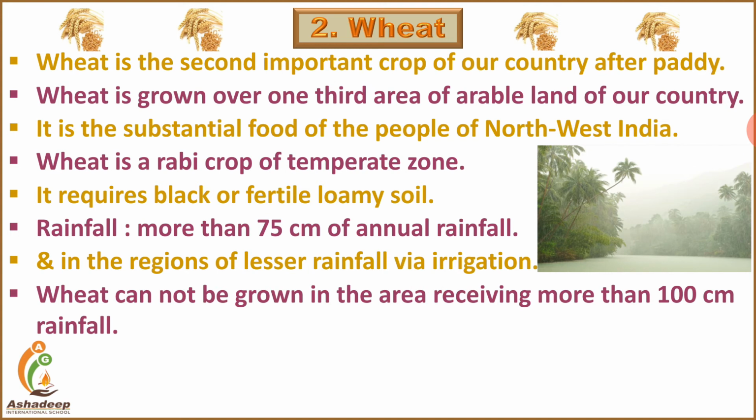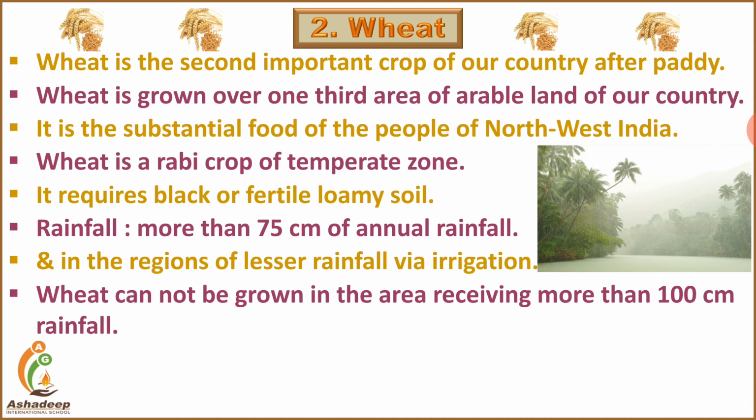But it should be noted that if a region is receiving more than 100 centimeters of rainfall, then in such a region it is not possible to grow wheat. Why? Because if there is more than 100 centimeters of rainfall, the field will get totally overpowered with water, and in that case wheat cannot be grown.